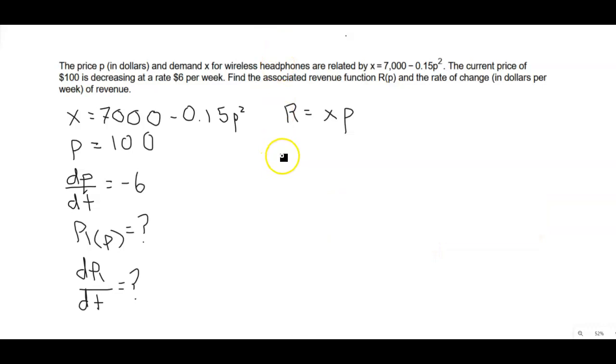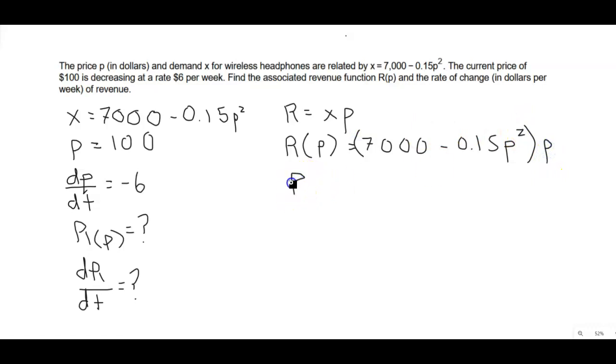All right, so remember, we want to set the revenue function in terms of the price, so that would be P. X is just equal to 7,000 minus 0.15 P squared, so we can write that for the X part, and then times our P. So this whole thing times P.